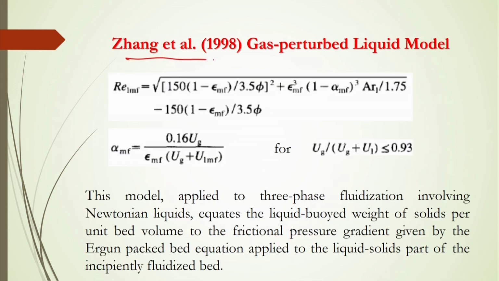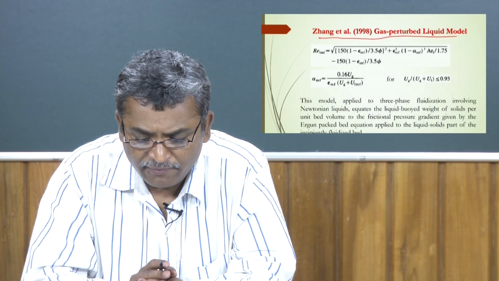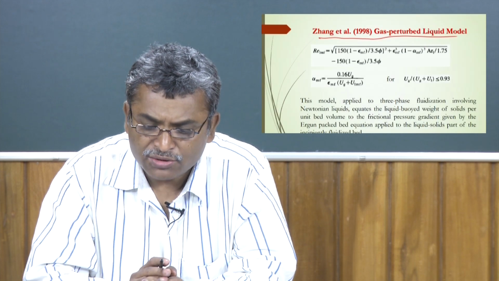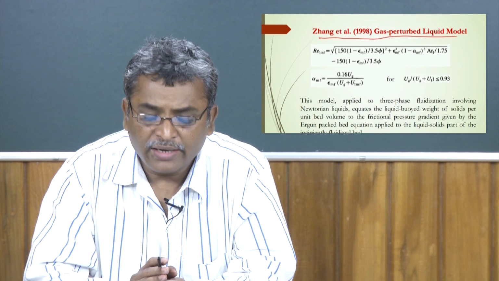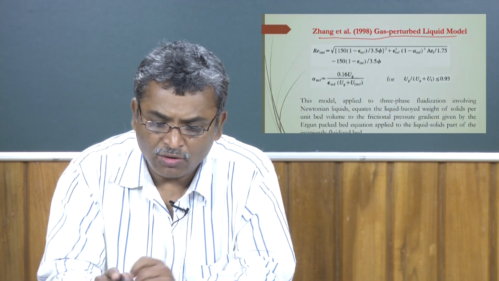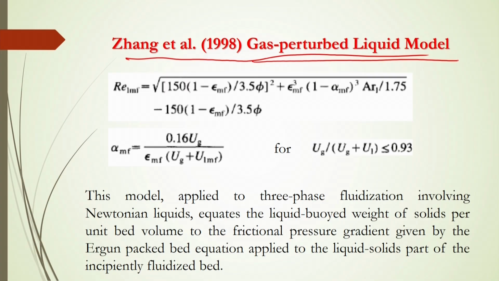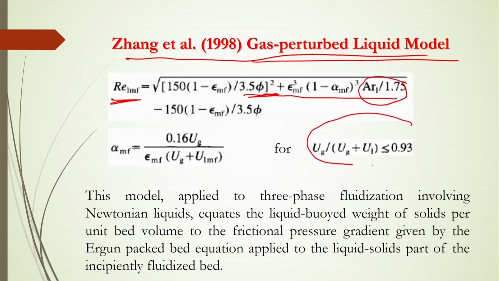Now, Zhang et al. 1988 developed the minimum fluidization velocity for 3-phase fluidization system based on the concept of gas solid system. Here it is called gas perturbed liquid model. So, again they have obtained the minimum Reynolds number based on the equation here. This Archimedes number is defined in a different way here.